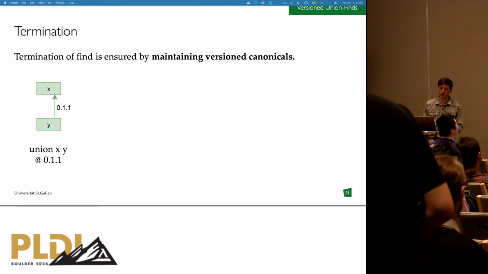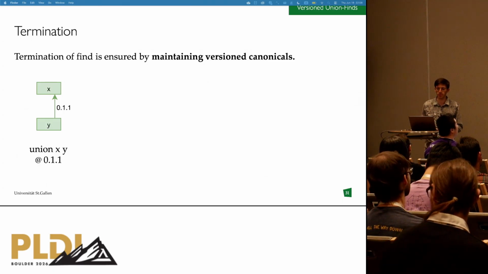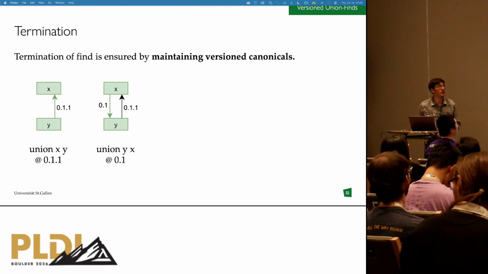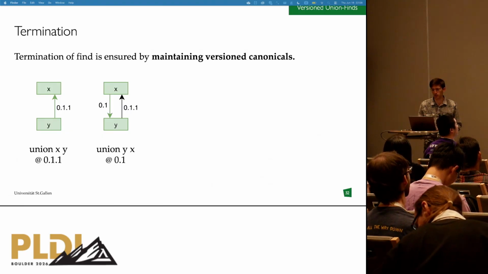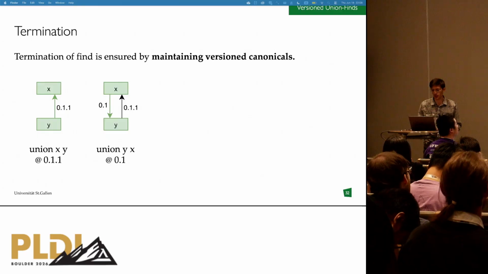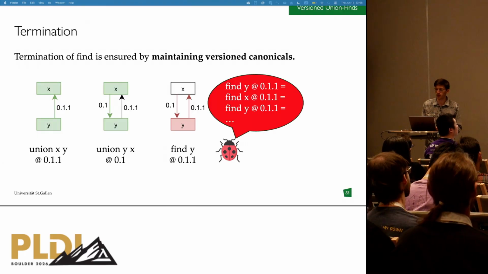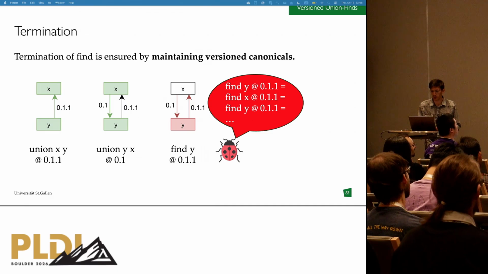And the problem is that I can construct an example where find doesn't terminate by adding this edge at a descendant and this edge at the ancestor. And now if I were to query the equivalence class of y at a descendant version, I'm stuck in this loop. And the solution to this is somehow making these loops trivial to detect by maintaining version canonicals.